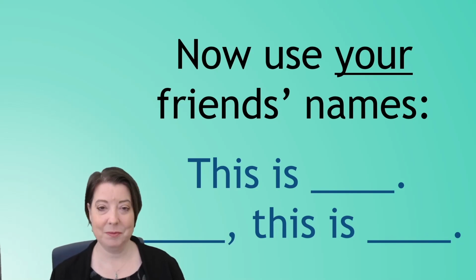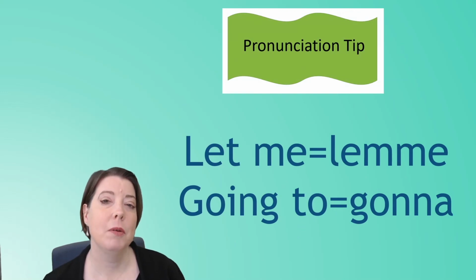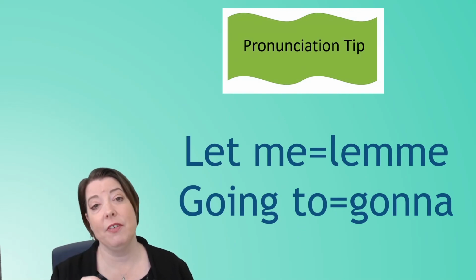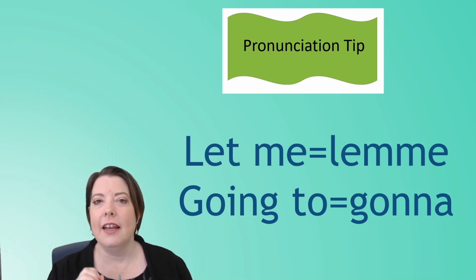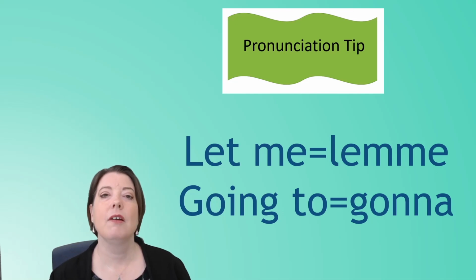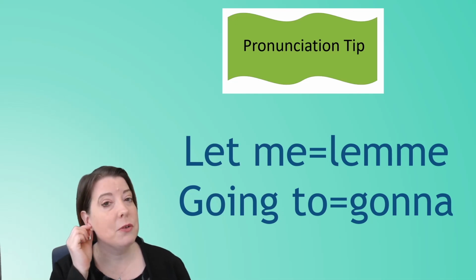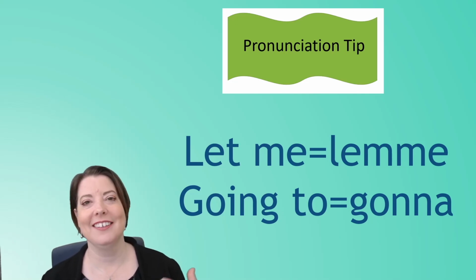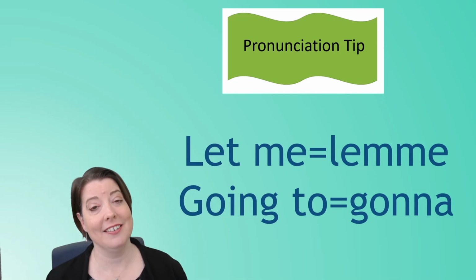Good. Remember the pronunciation tip today. This is very important. "Let me" sounds like "lemmy." "Going to" sounds like "gonna." Remember that when you are watching American movies or American television.